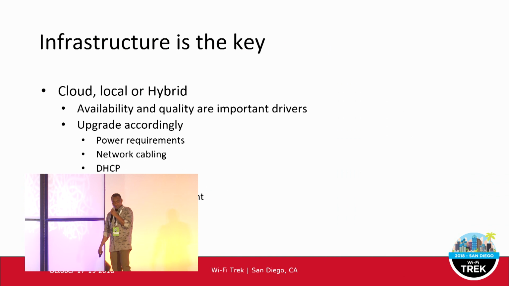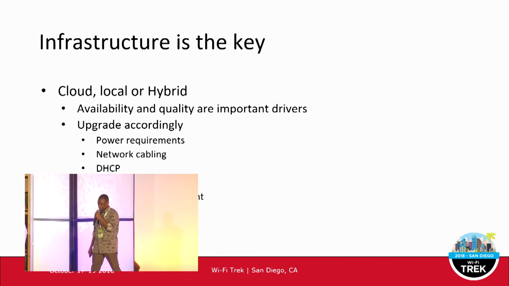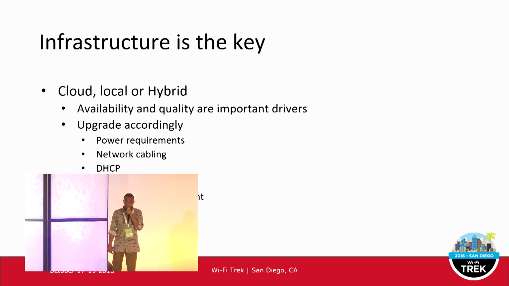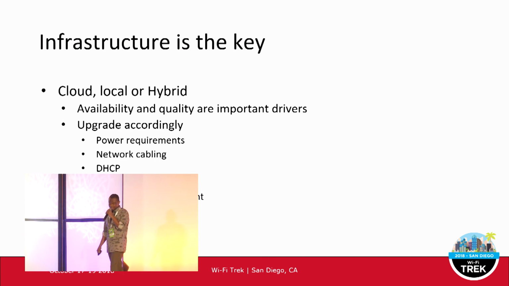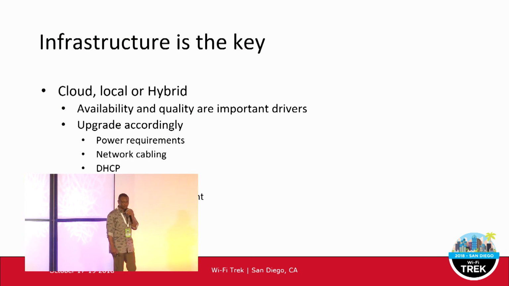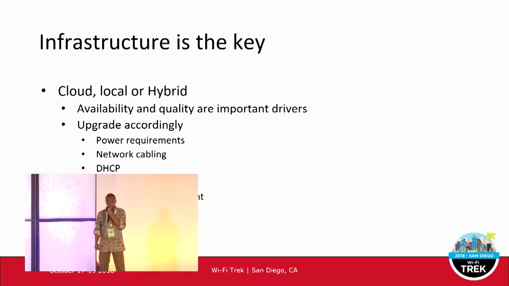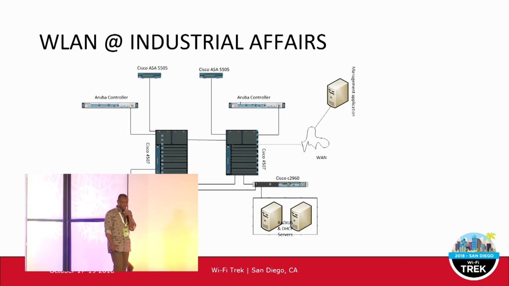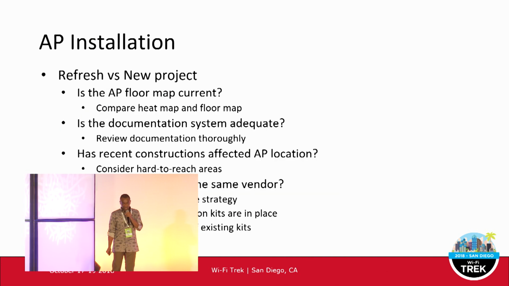Then we know that infrastructure is the key. It could be local, it could be cloud, it could be hybrid. It doesn't matter, but the most important thing is that it should be what works for you at that point in time and what the budget can afford. Let's go back a little bit.